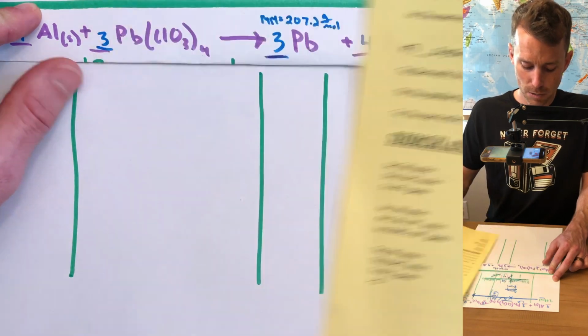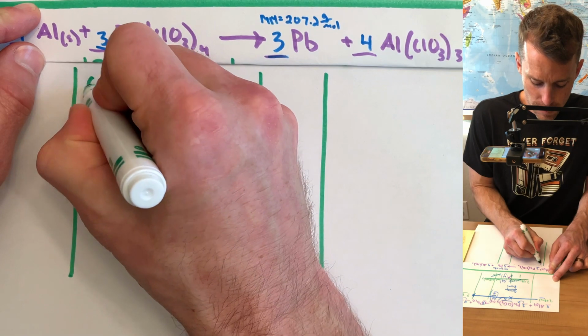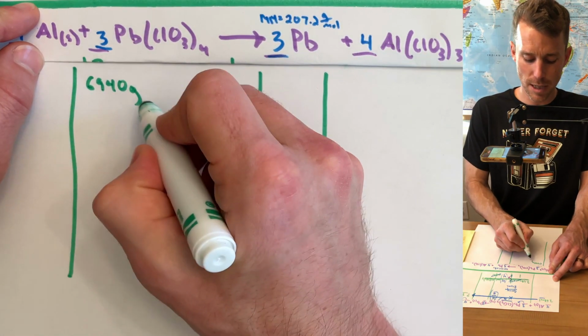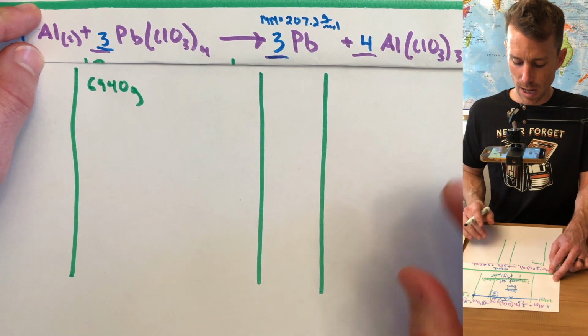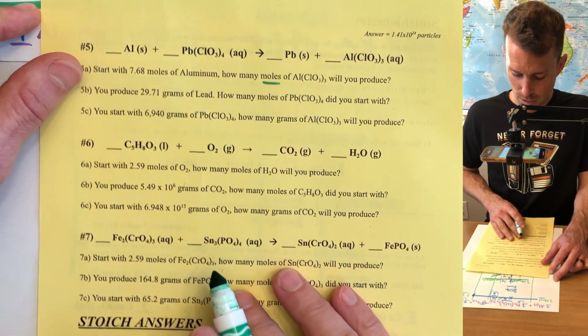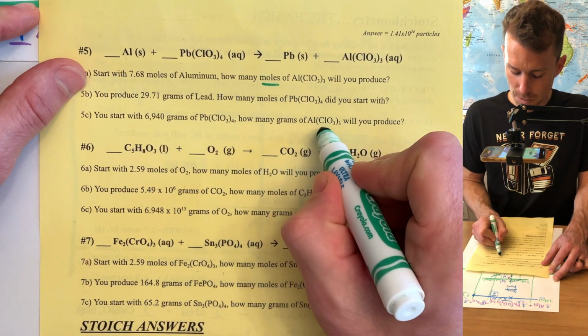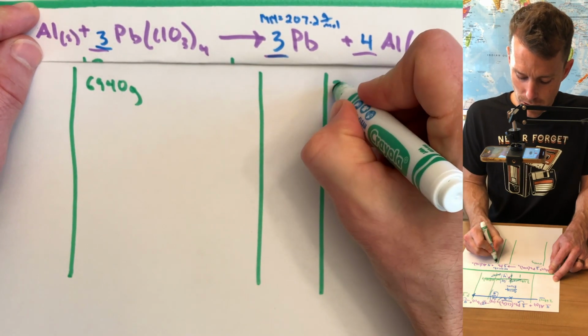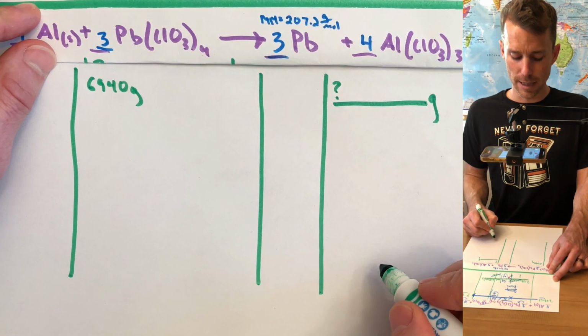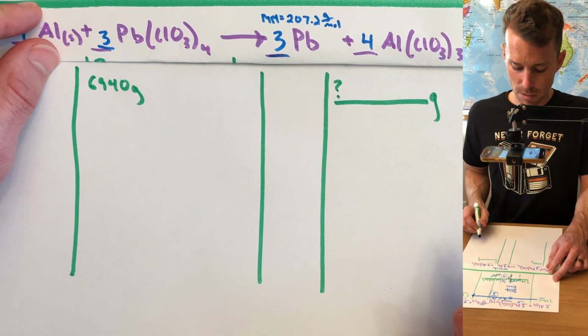So underneath lead chlorate, let's write 6940 grams. So that's 6940 grams of lead chlorate. And then I'm going over to here, and it wants how many grams of aluminum chlorate will you produce? So let's put a question mark, grams right there.